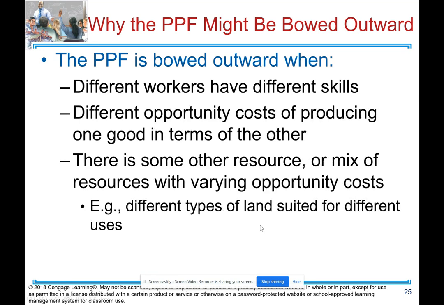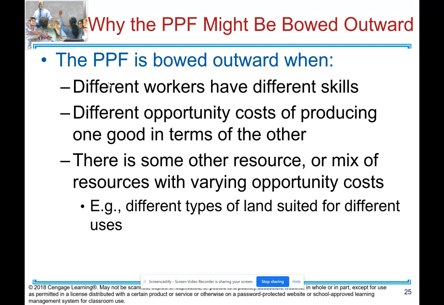Now, the question is why the PPF might be bowed out. The PPF, or production possibilities frontier, is bowed outward when different workers have different skills. The reality is that resources are not adaptable to alternative uses. Okay?